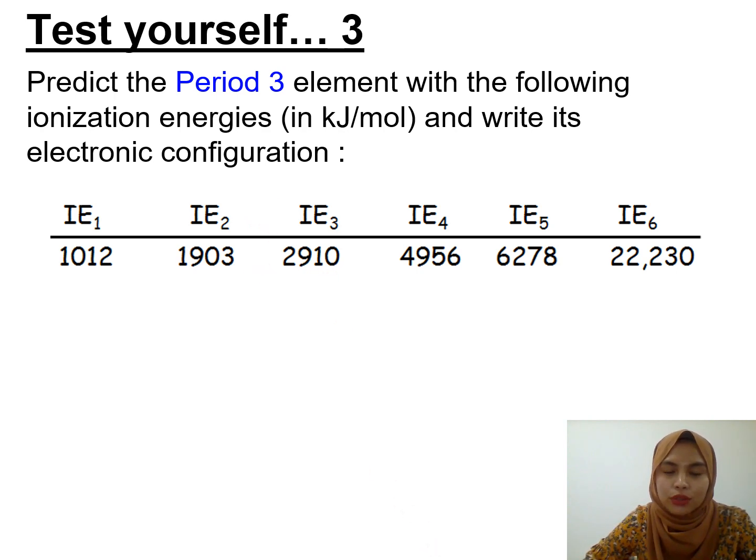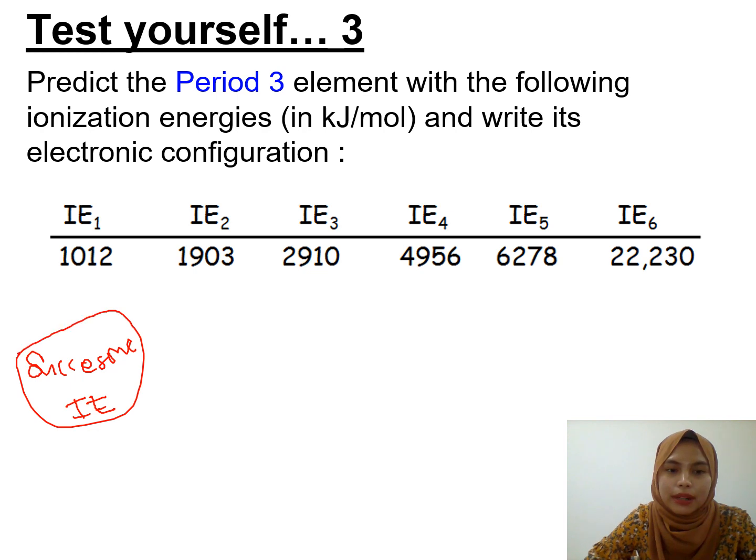And one more thing to wrap everything up, to conclude, okay, kiranya untuk successive ionization energy ni, okay, kenapa you nak kena belajar pasal benda ni? Sebab melalui dua method yang you boleh dapati from successive ionization energy, which is ratio dengan difference.